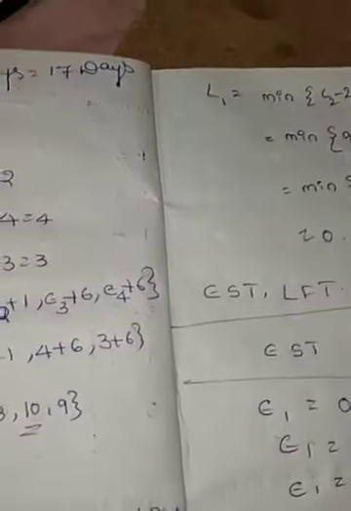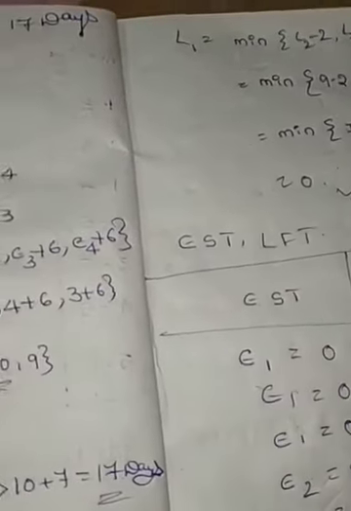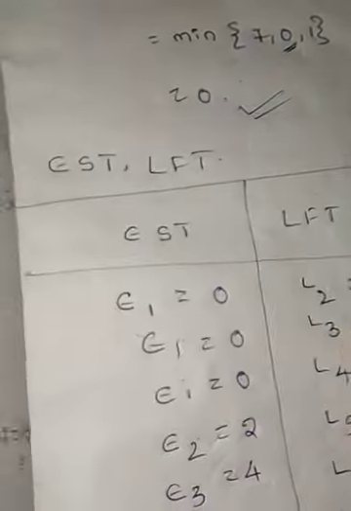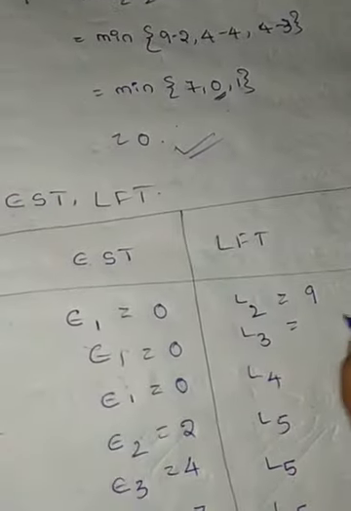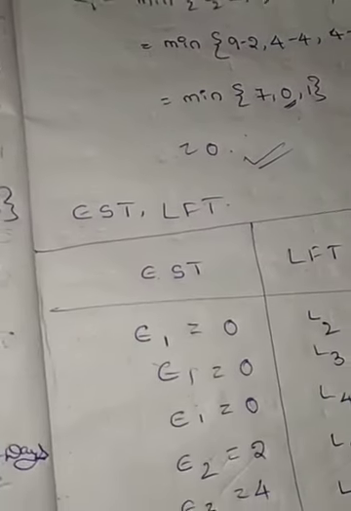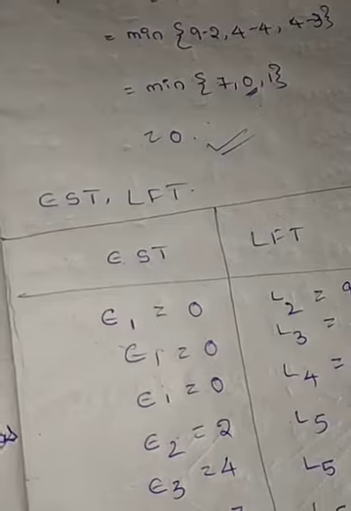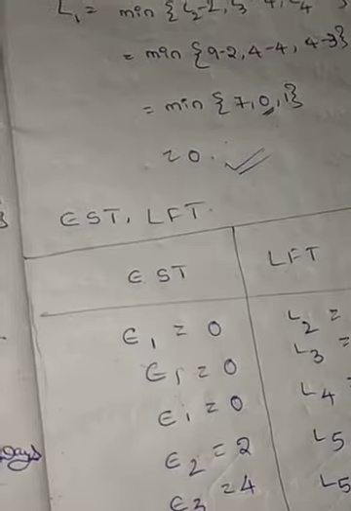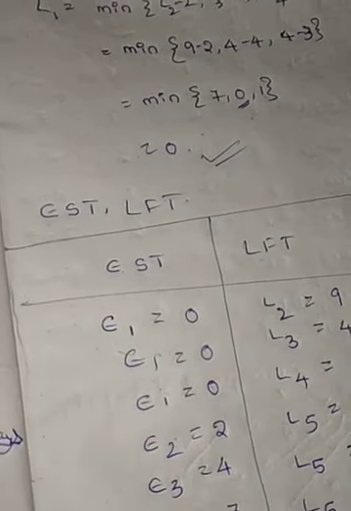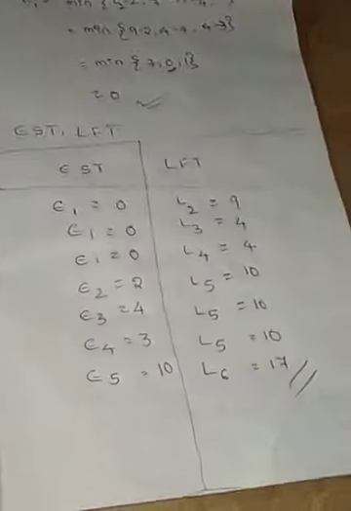E2 we already found, value 2, E3 is 4, E4 is 3, E5 is 10. Least values: L2 is 9, L3 is 4, L4 is 4, L5 is 10, 10, and L6 equal to 17. These are the earliest starting values and least finishing values.